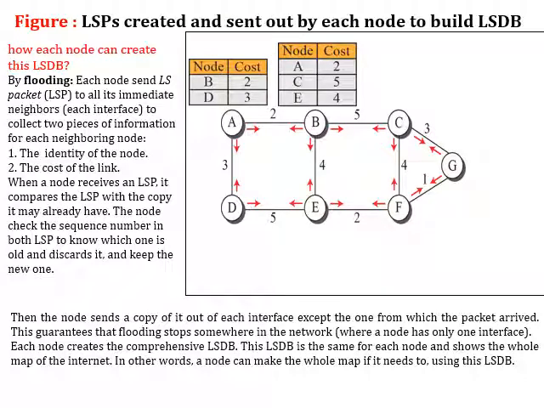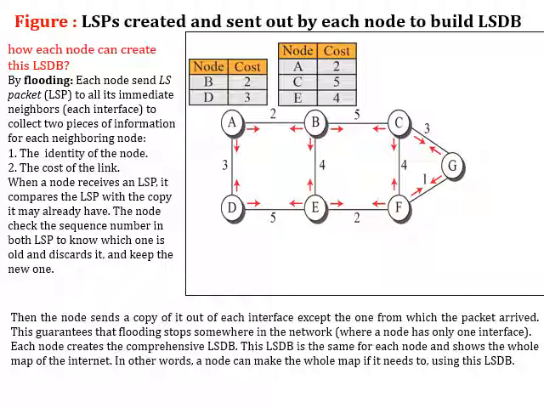Similarly, B receives the messages from its interfaces. A sends to B, E sends to B, and C sends to B here. So A can reach B with a cost of 2, because B comes to know from these link state packets who my neighbors are.